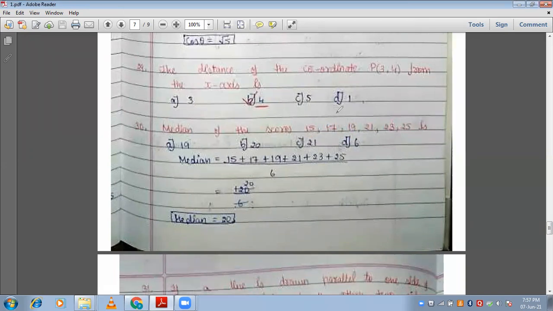Now consider the middle two numbers 19 and 21. So 19 plus 21 divided by 2. 19 plus 21 is 40 divided by 2. You will get 20. So 20 is the answer. Option B is right. Next question.